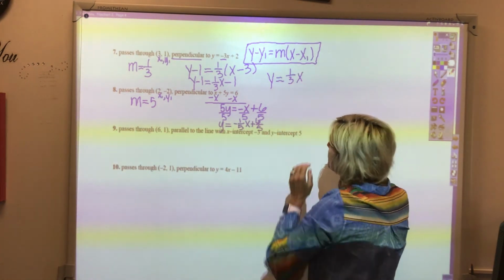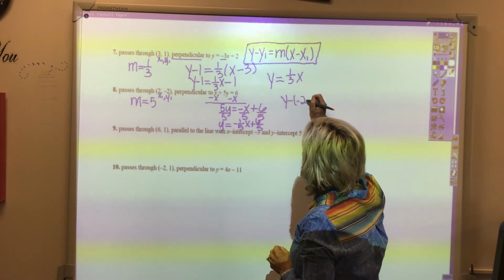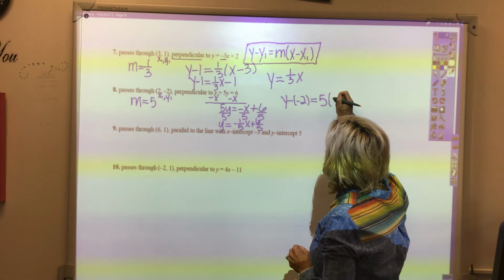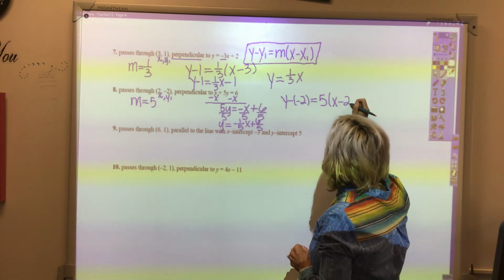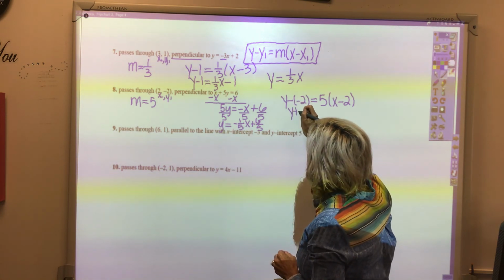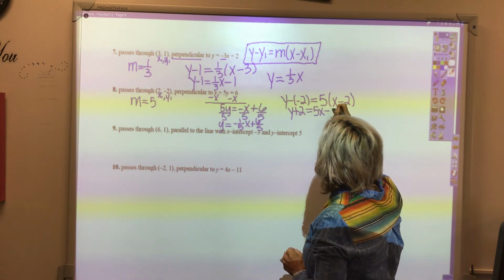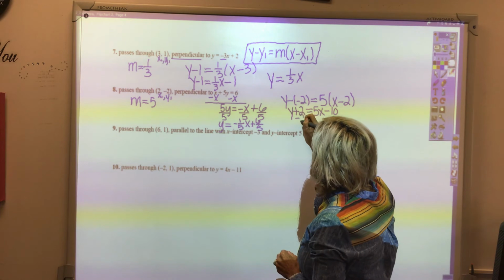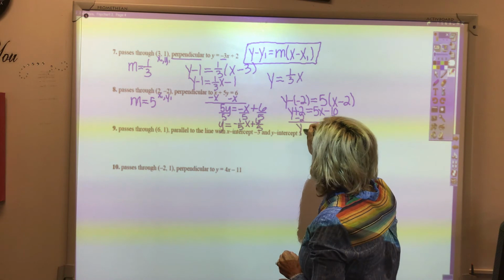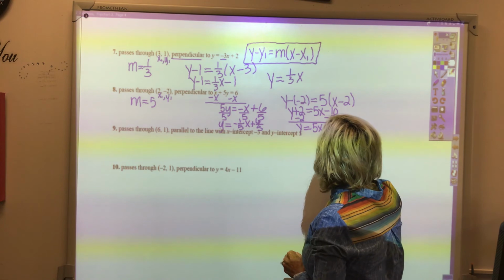Okay, so I'm going to use the point slope form, and I'm going to have y minus -2 equals m, which is 5, times x minus 2. Minus a -2 would make this y plus 2 equals 5x minus 10. Subtract 2 from both sides. Our line will be y equals 5x minus 12.